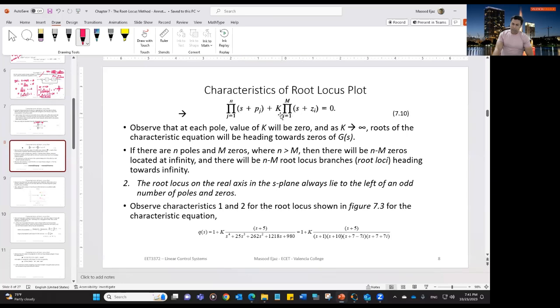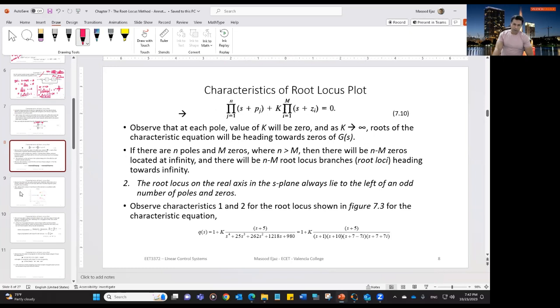And you will be left with k times the product of all zeros is equal to 0. That means k is equal to 0. So when k is equal to 0, you're going to have each of the poles of this characteristic equation.